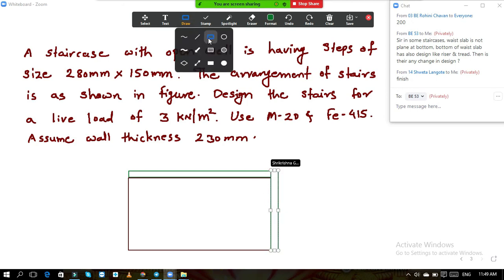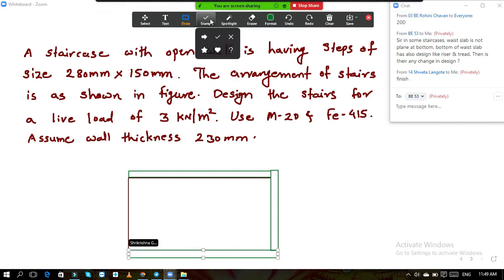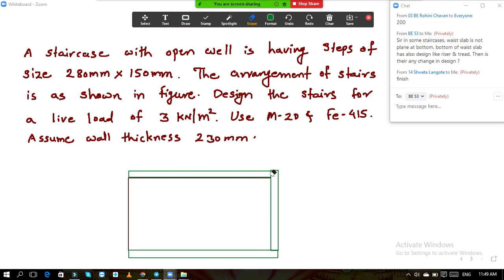Okay, so now here also, you draw it directly continuous. Okay, the continuous wall goes like this from here. So this continuous wall is there, and now how they have fixed the staircase is like this.